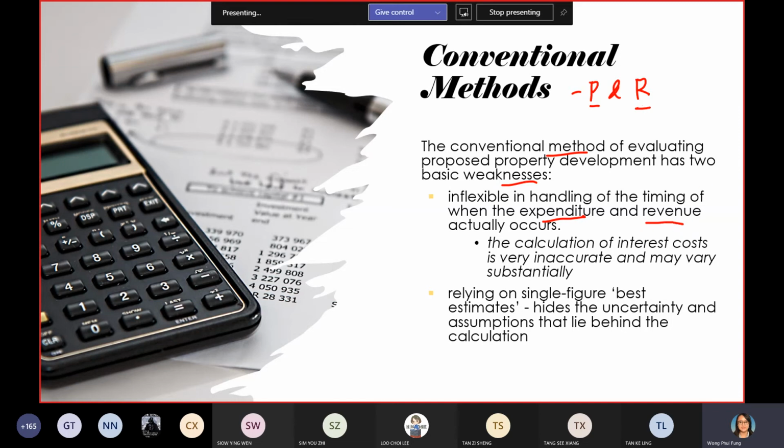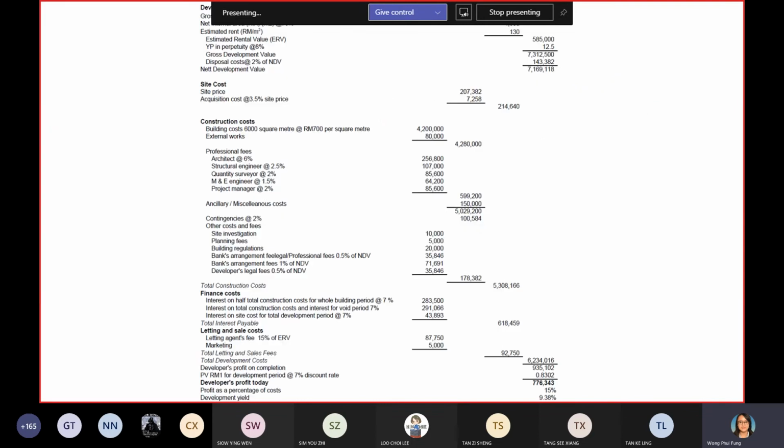Because when you prepare profit method, when you prepare residue method, the format is like this. Can you see? This is a format. When you prepare your residue method or even profit method, you should prepare in this format. So in this format, maybe I ask you, in which month you need to pay professional fee?